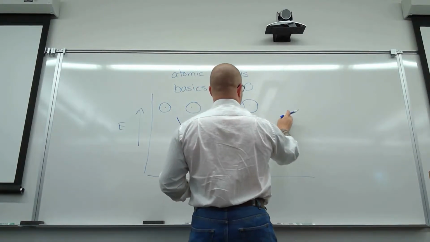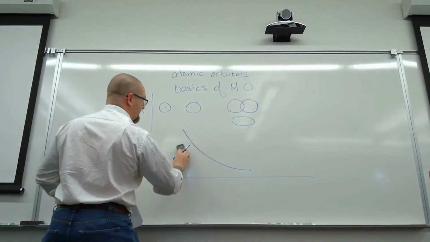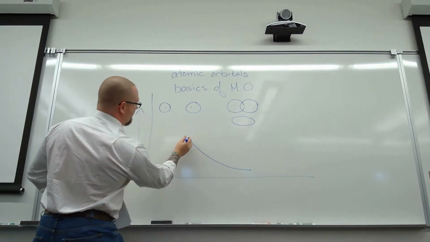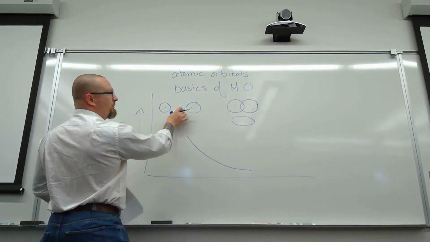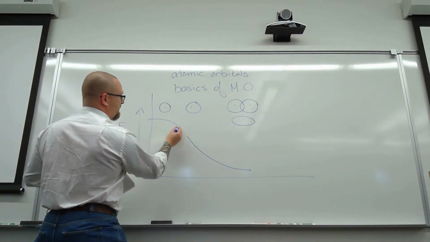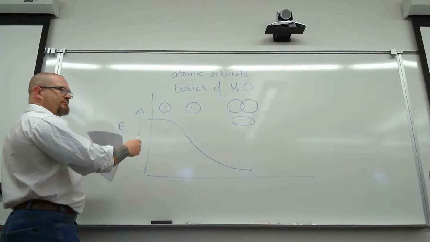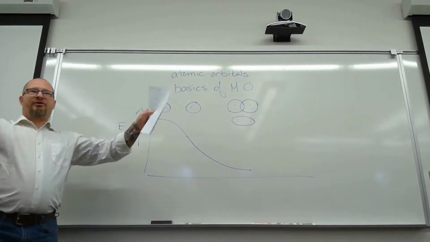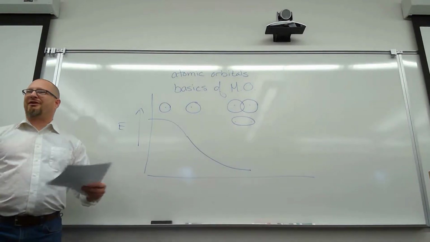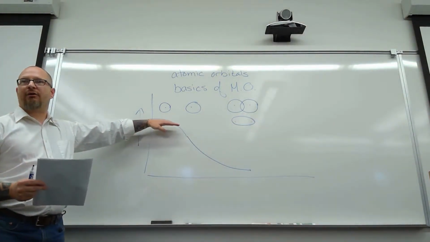If these get too far apart, this is asymptotic though. As they reach a certain point where they're separated enough, it doesn't matter how far apart they are. It doesn't matter if they're this far apart or this far apart. They're just too far apart, and their effect on each other goes away. So they reach a limit of how high energy they are.